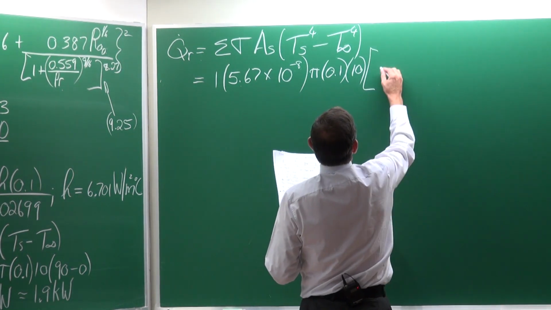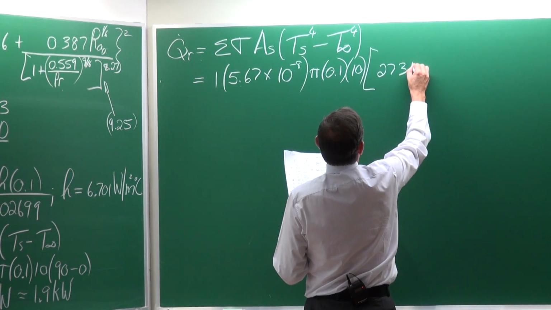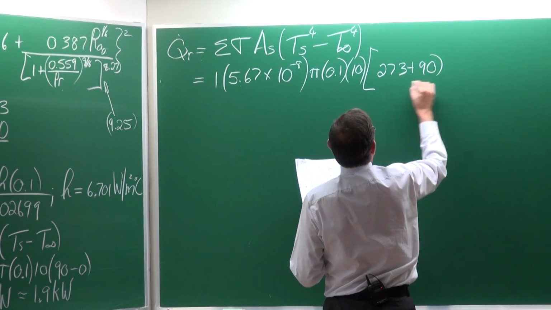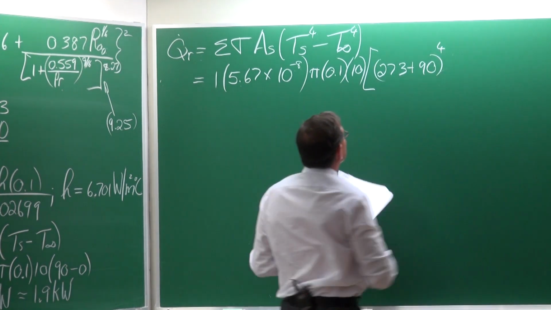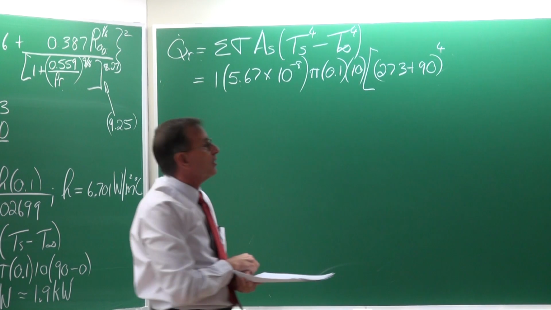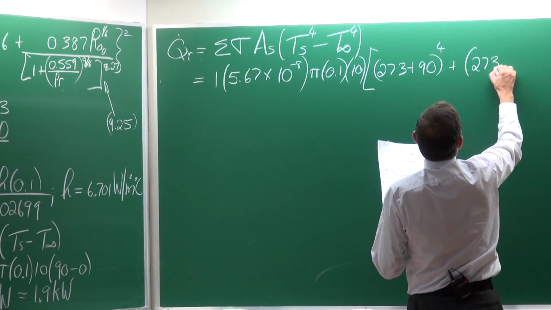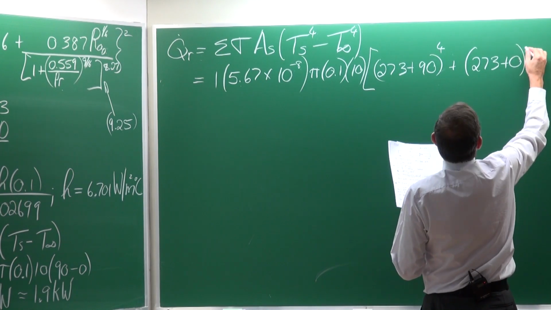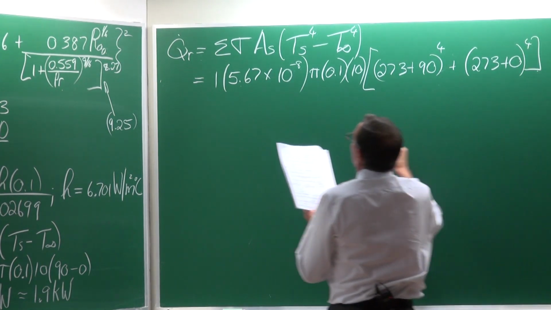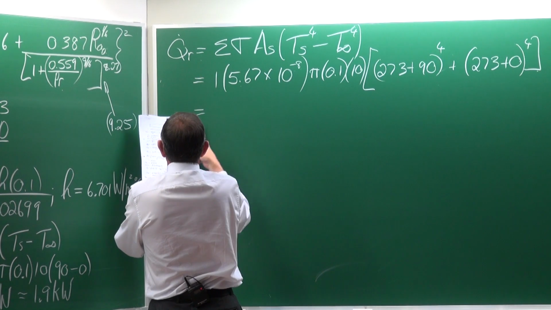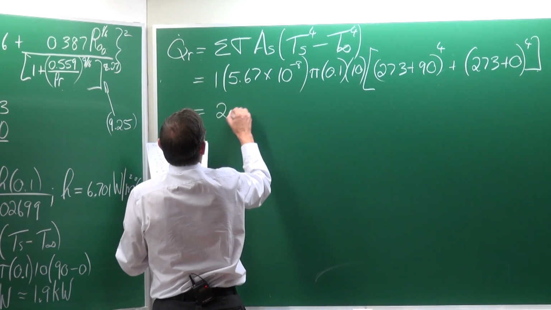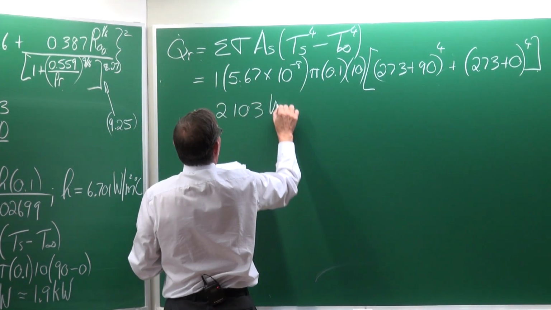Multiplied by the surface temperature. And now we have to be careful. It's the surface temperature in Kelvin. (273 plus 90) to the power of 4 minus, of course, (273 plus 0) to the power of 4. And the heat transfer rate through radiation is then equal to 2,103 watts.